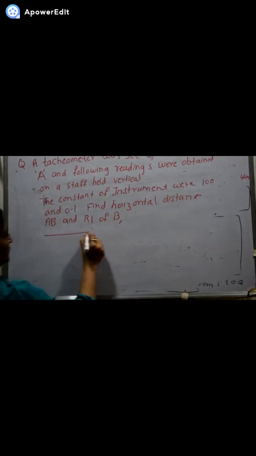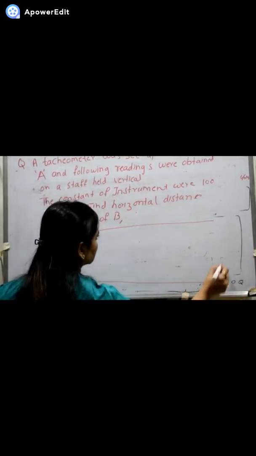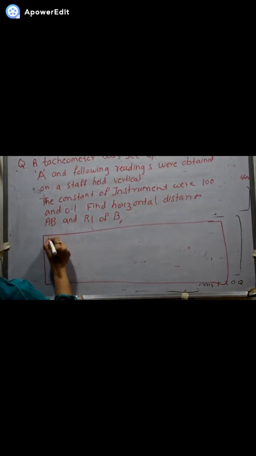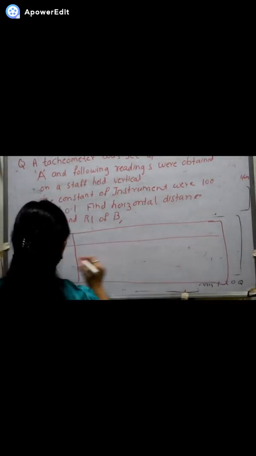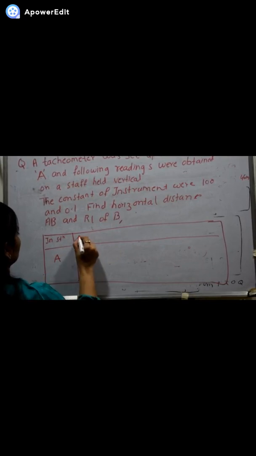The observation table they have given has the instrument station. The instrument station given in the problem is A. Then they have given the staff station.